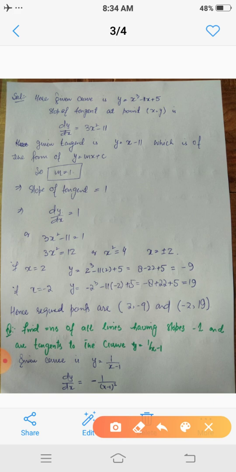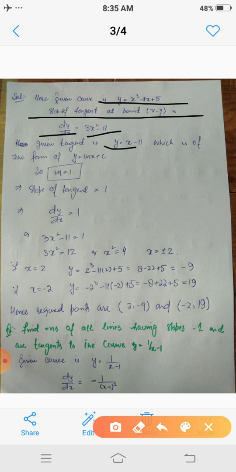Here the given curve is y equals x cube minus 11x plus 5. The slope of the tangent at any point is given by its derivative, dy by dx, which is 3x square minus 11. Now the given tangent is y equals x minus 11, which is of the form y equals mx plus c, slope intercept form.